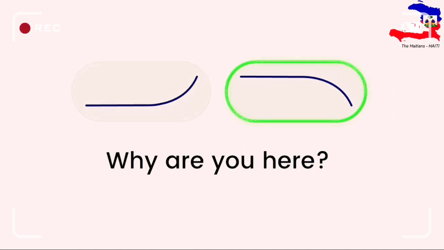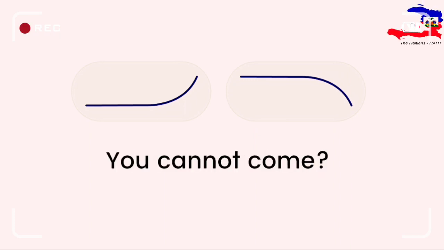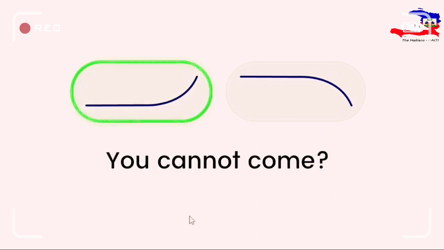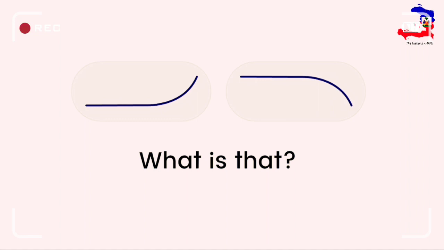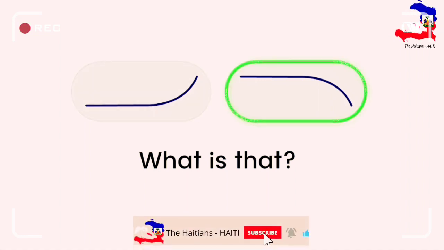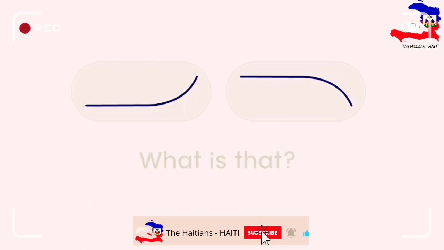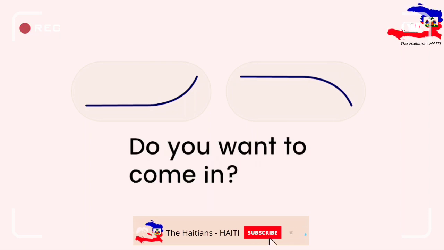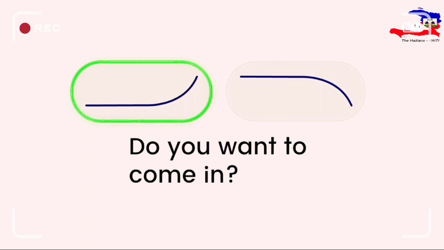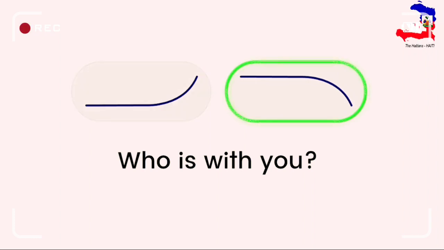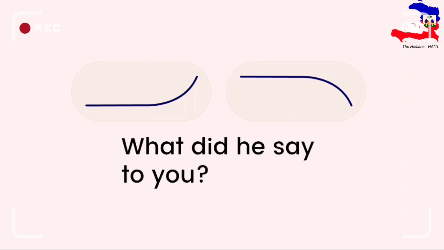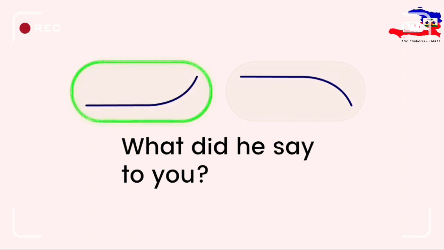This is the correct answer. You cannot come? That's right. What is that? No, this is the correct answer. Do you want to come in? This is the correct answer. Who is with you? No, this is the right answer. What did he say to you? You did it!